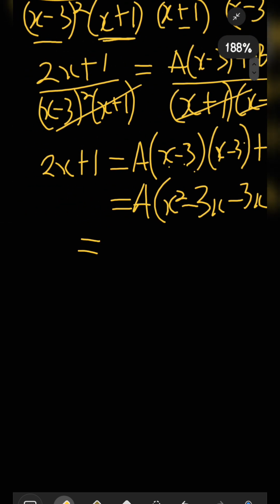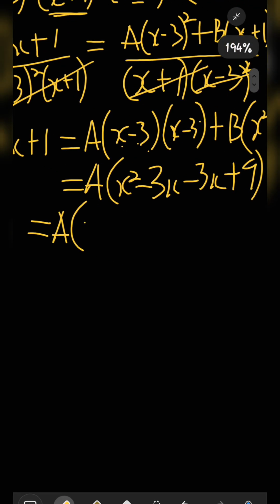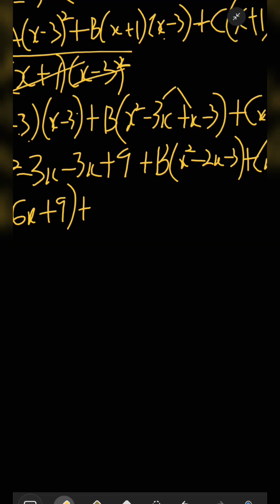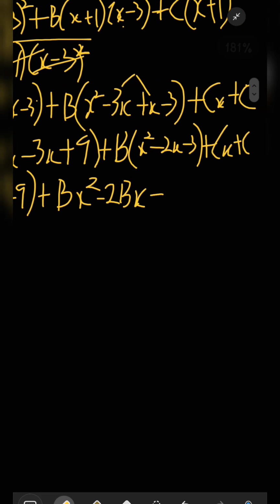So this is equal to a into x squared minus 3x minus 3x is minus 6x plus 9, plus b times x squared, you have bx squared. B times minus 2x, you have minus 2bx. B times minus 3, we have minus 3b, plus cx plus c.